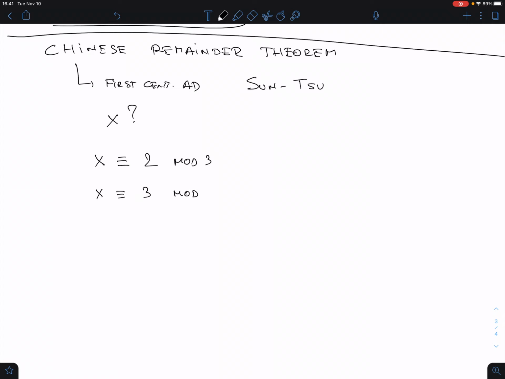You agree that this is what this means? And then finally, when divided by 7, so now we're doing the mod 7 part, the remainder is 2. So find an x that satisfies all these 3 conditions.